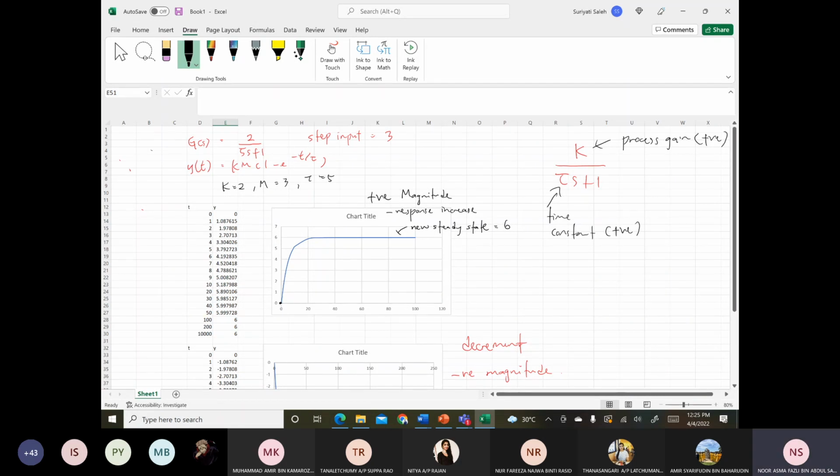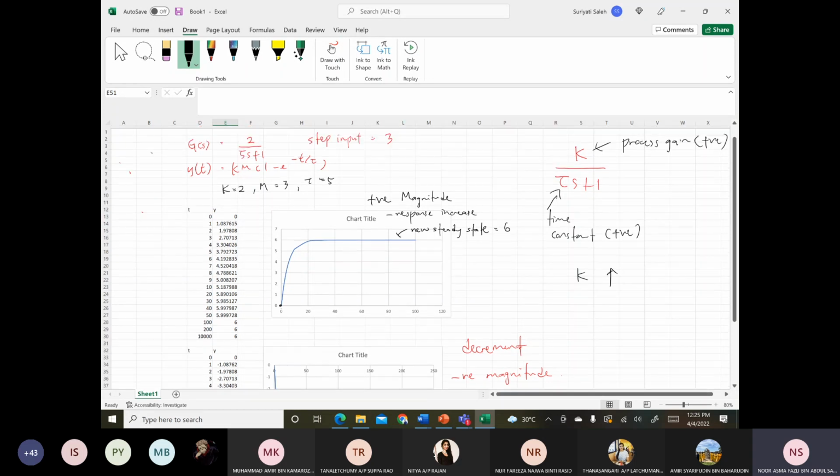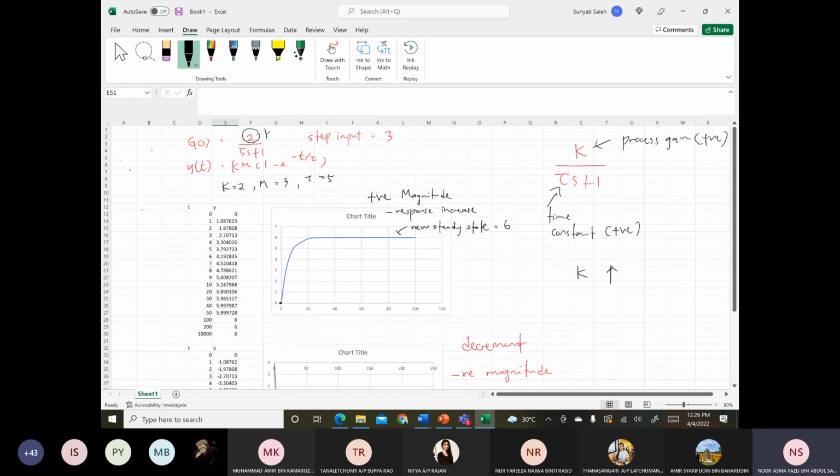So normally in this case, if the K is too high, then the final value will become increased. The K here influences the final value. For example, in this case, your K is 2. K equal to 2. Then 2 multiplied by 3, you get 6.